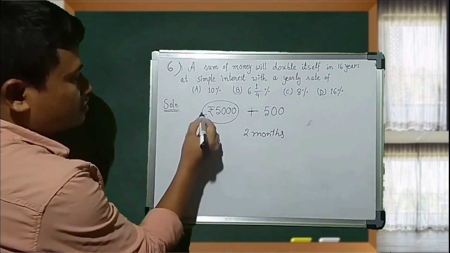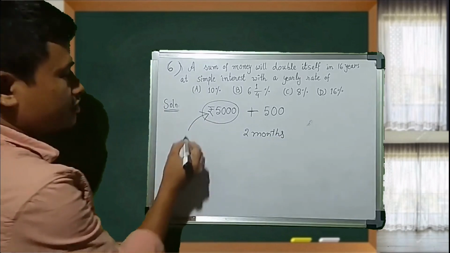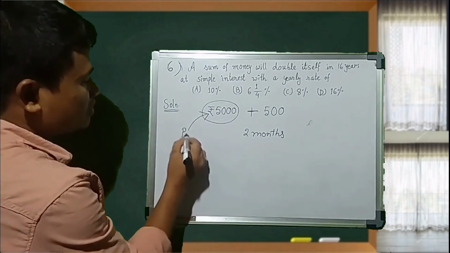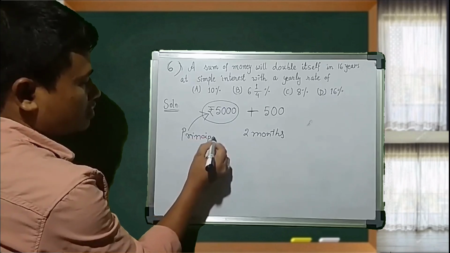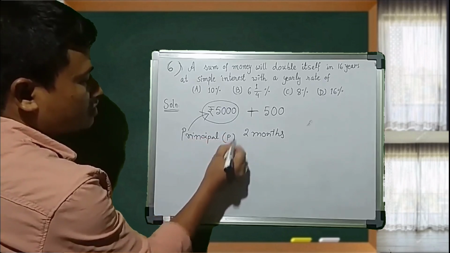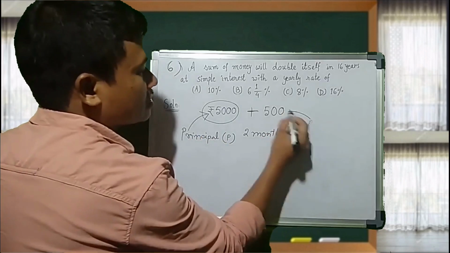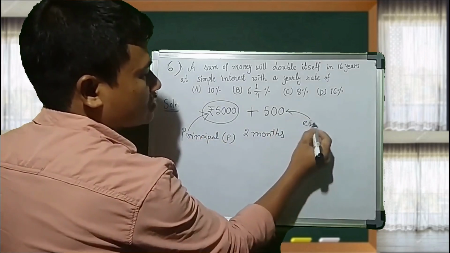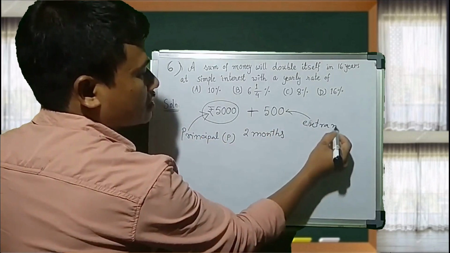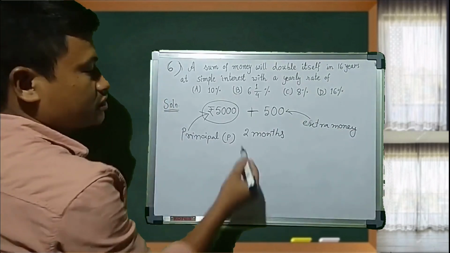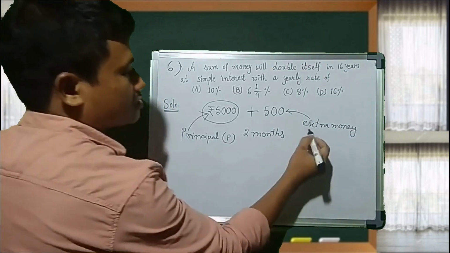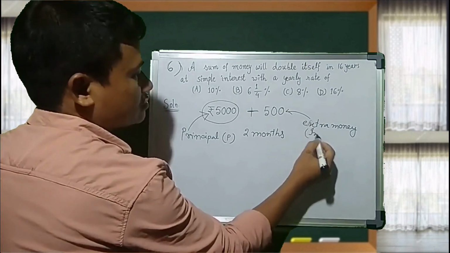Then this borrowed money is called principal. Principal is denoted by P. And this extra money that I have to pay at the end of 2 months is called interest.